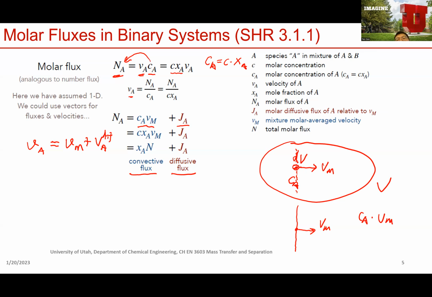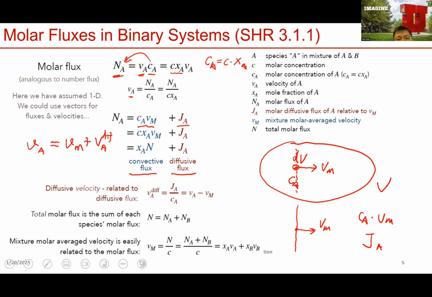Because of this concentration gradient, some molecules of species A will do a random walk through this plane. That's going to create another flux, J, which we call diffusive flux. Then you add them together, and that gives you the total amount of flux.